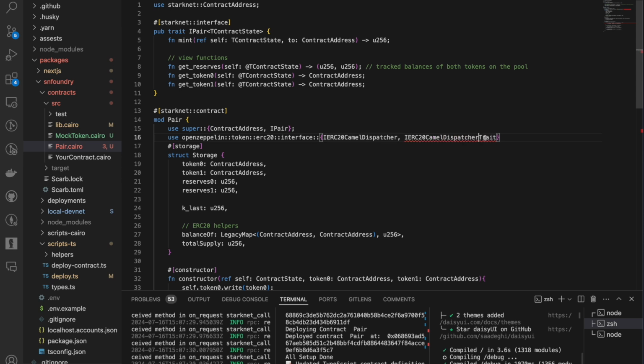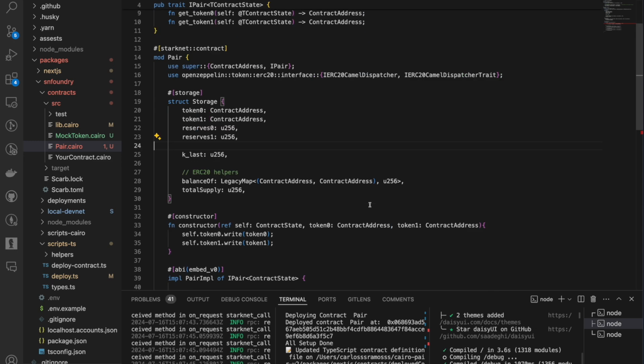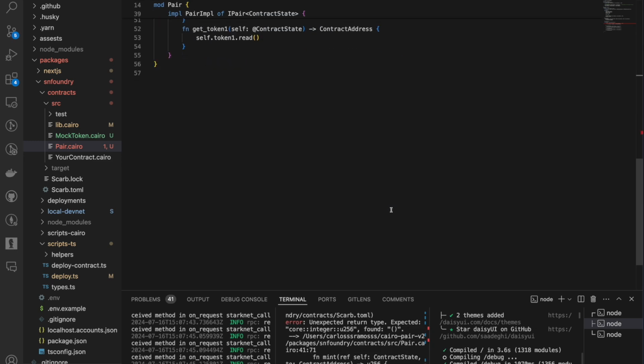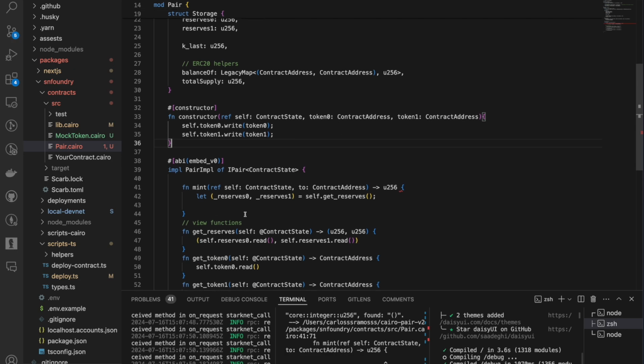Let's see if this is available here. I think yes. Okay. Let's see if this compiles. Okay, yeah, it's good. We're just missing this return on the mint, but it's all okay.